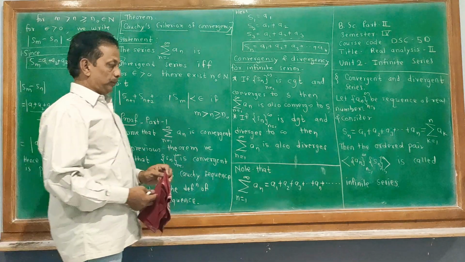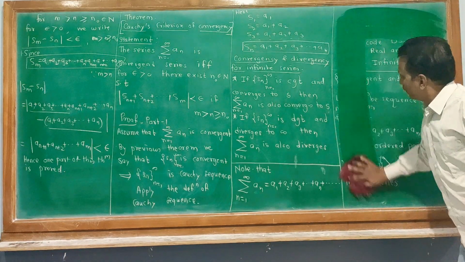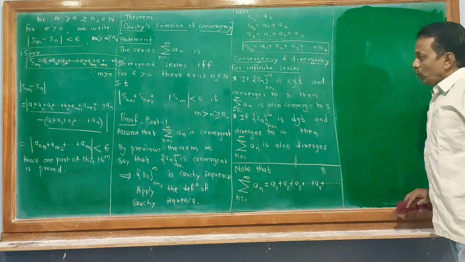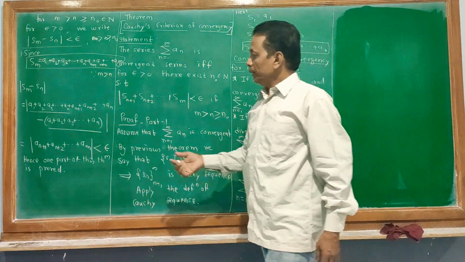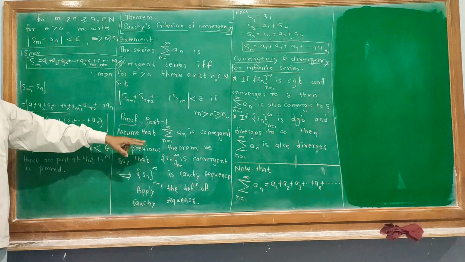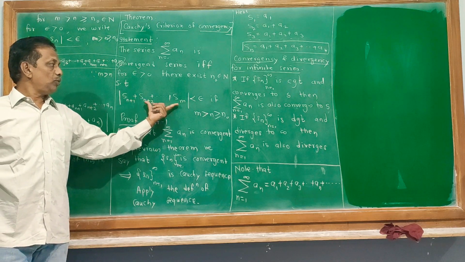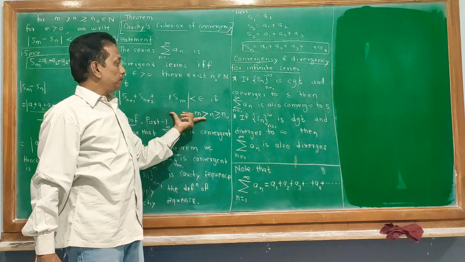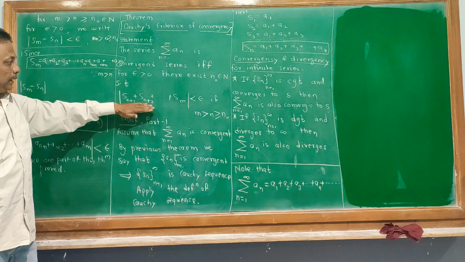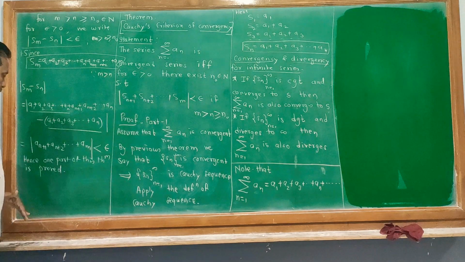Now, second part of this theorem. We assume that mod A(n+1) plus A(n+2) plus up to Am is less than epsilon, if this happens, and prove that series is convergent. This second part of this theorem is very obvious.